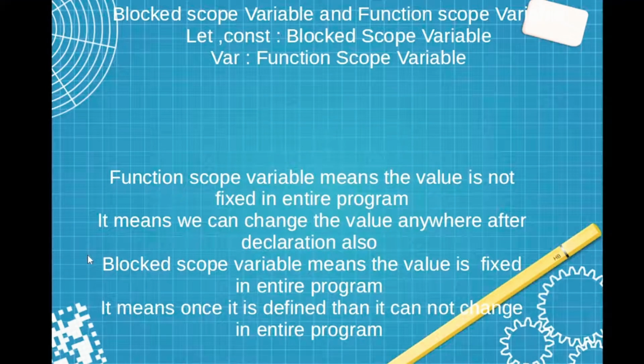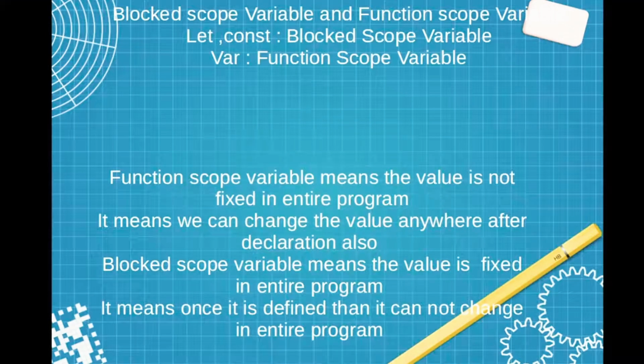And block scope variables are the variables in which the value is fixed in the entire program. It means once we define this, we cannot change it in the entire program, and if you try to change it, it gives you an error. So I explained this concept.